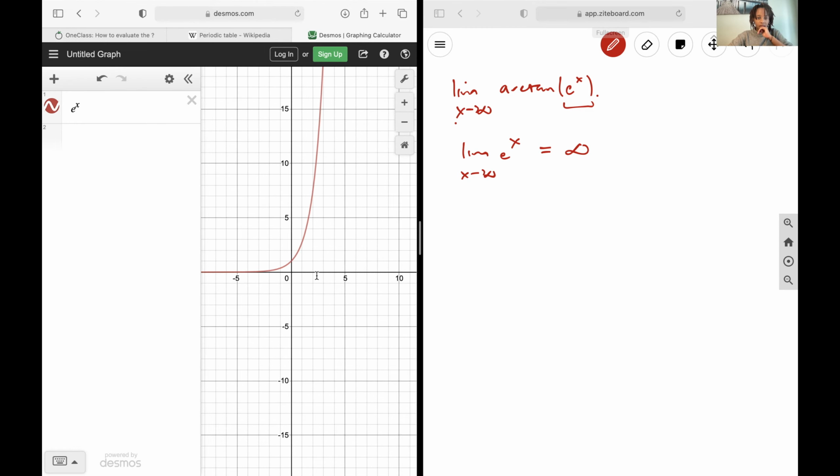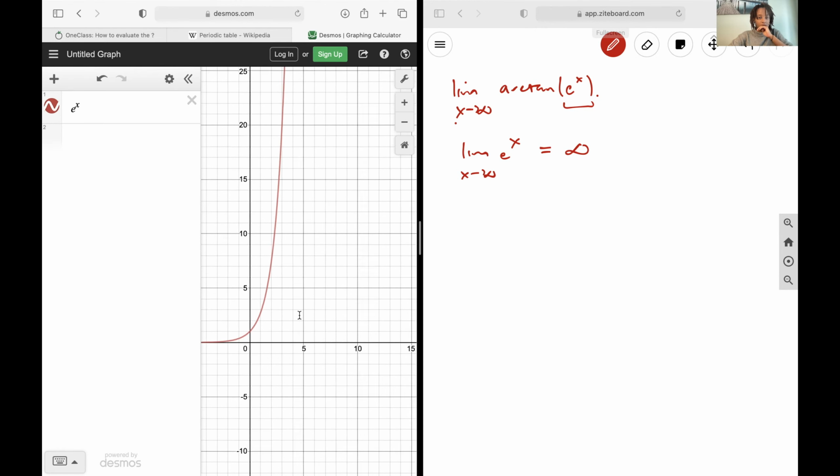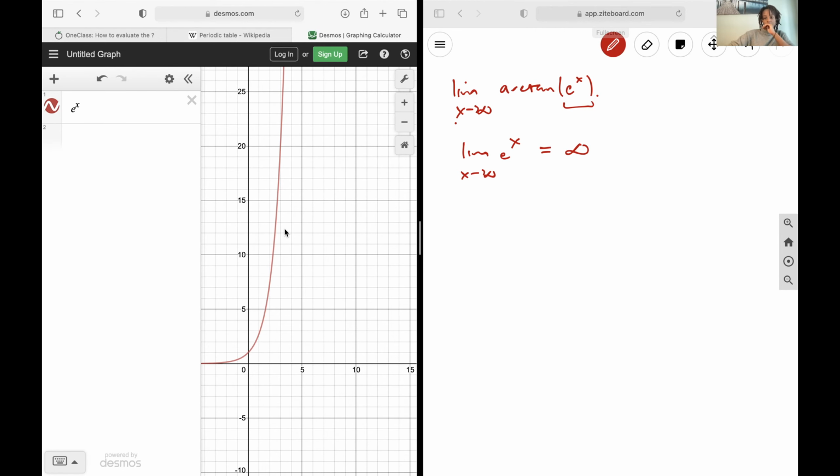Okay, and so we can see that as x is going to infinity this way, our y value is also going to infinity. And so what that means is that the value of the limit of e to the x as x approaches infinity is infinity. And so now we are basically looking for the arctan of infinity.